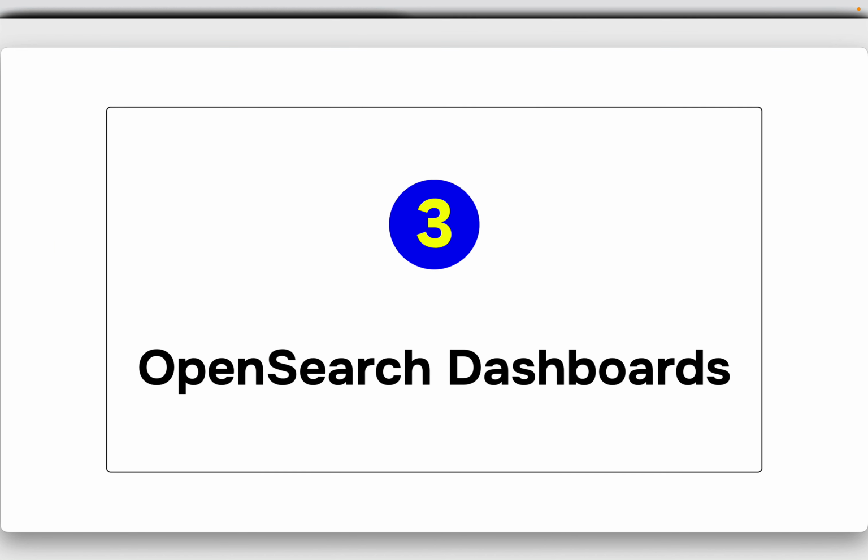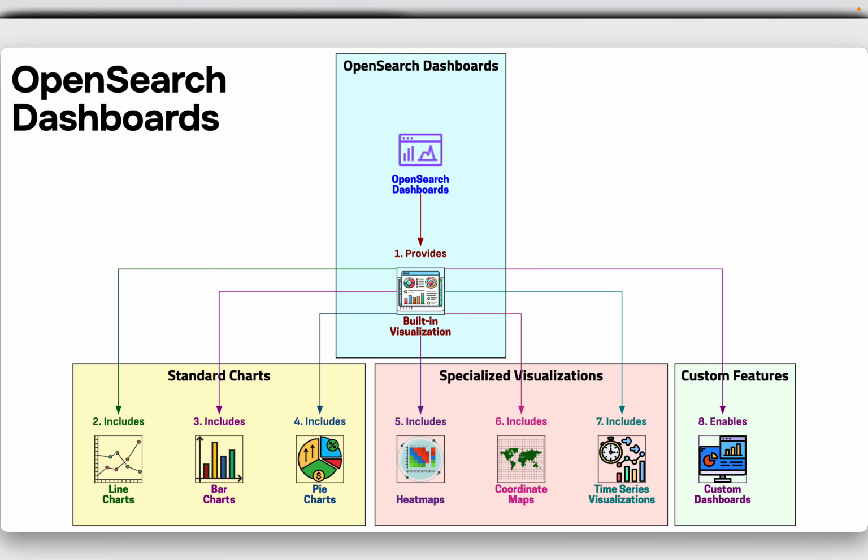Third topic, OpenSearch Dashboards. OpenSearch Dashboards provides built-in visualization capabilities organized into three categories: standard charts, specialized visualizations, and custom features. So first, line charts are included for showing trends over time, and bar charts are included for comparing values across categories.